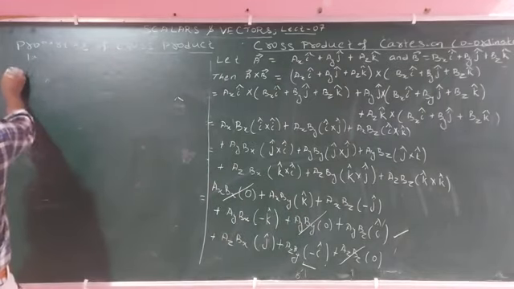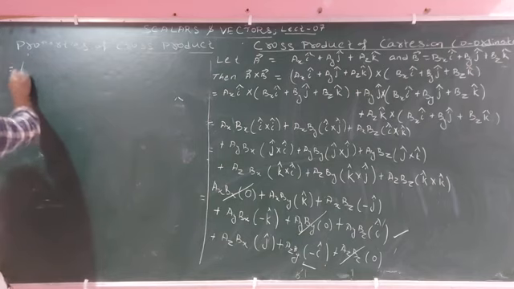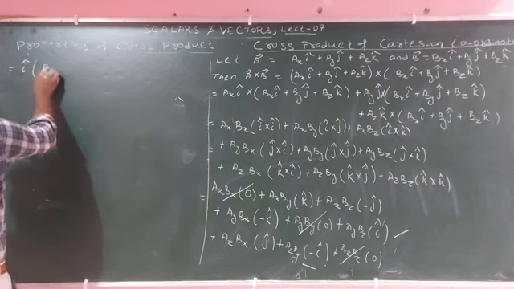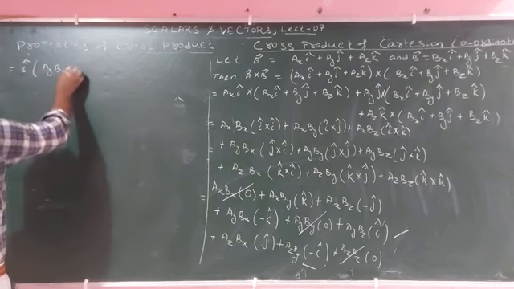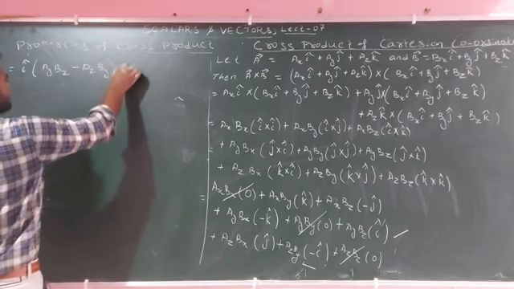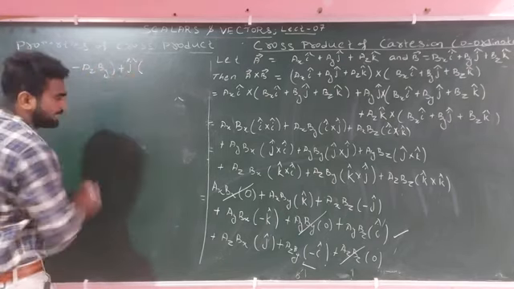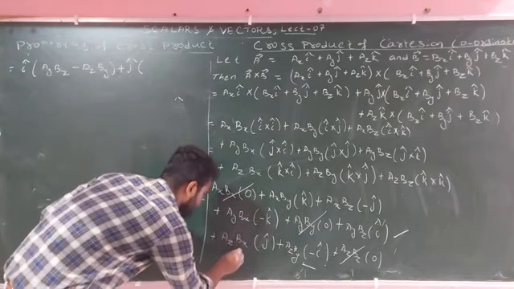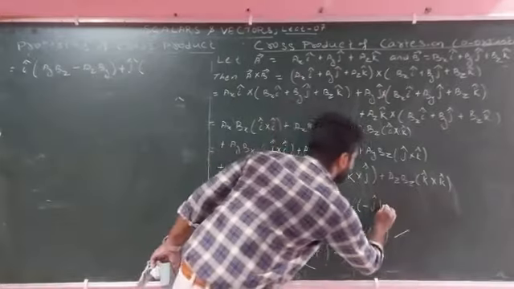We have common i cap: ay bz minus az by. And taking j cap common, this is your j cap and this is your j cap.